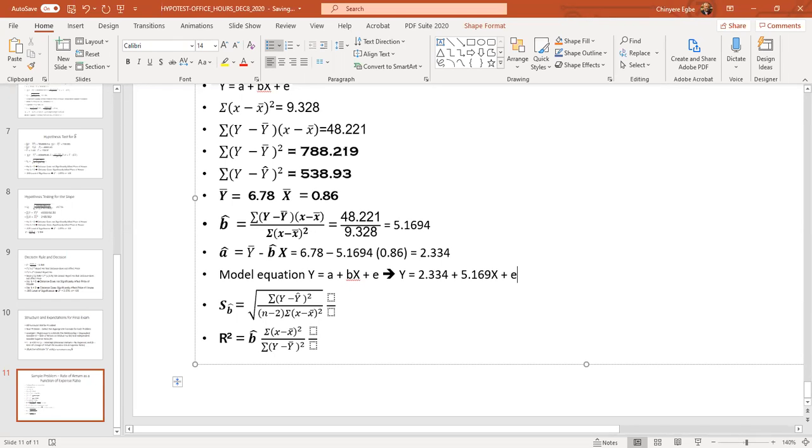So this is your model equation, and you write down that model equation. My actual test here is for you to understand how to get a model equation from those statistical calculations. Once you can do that and write out a model equation for me, I will be very happy.